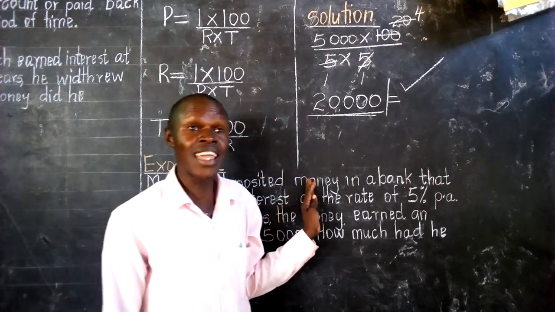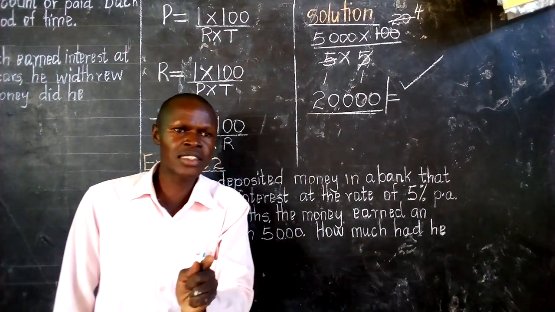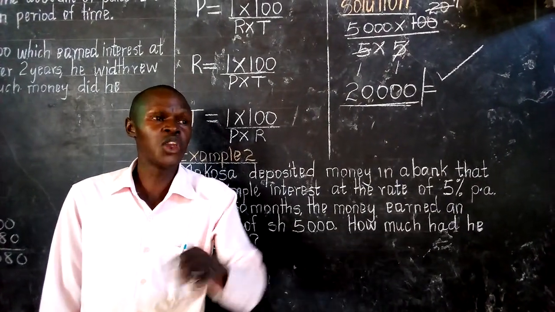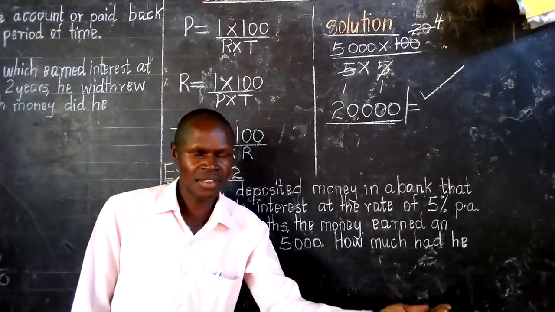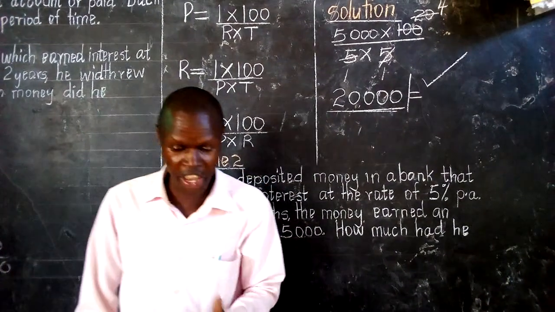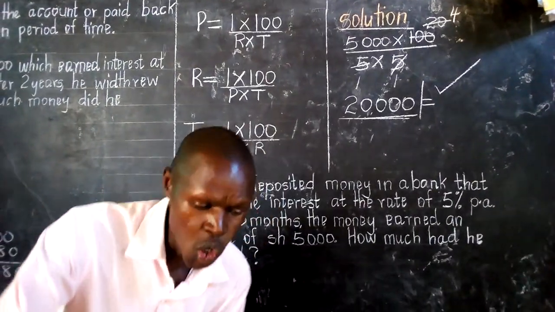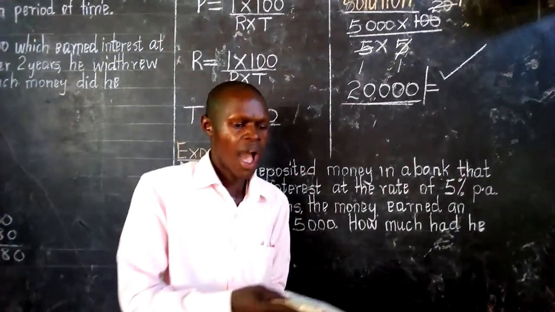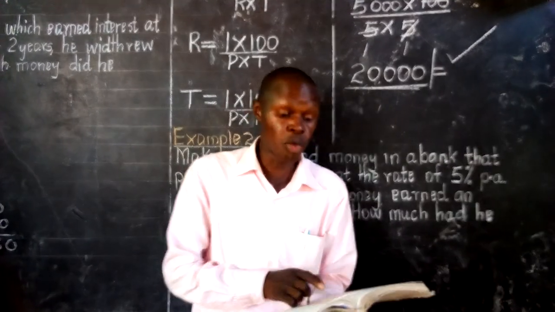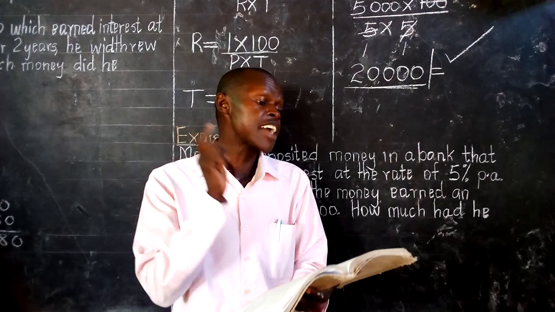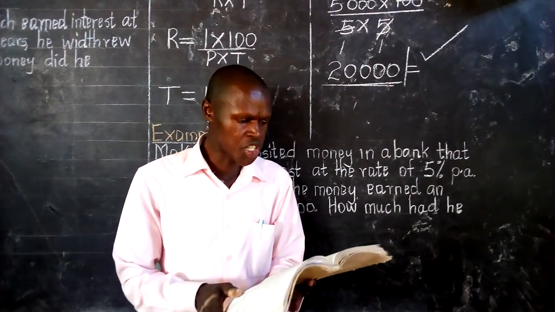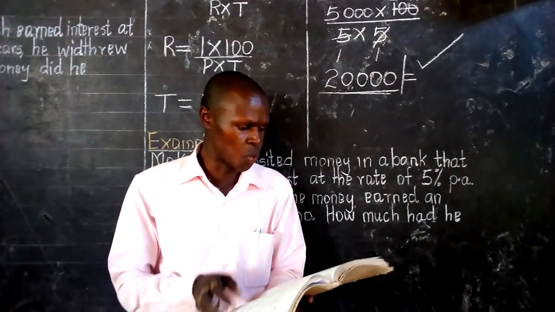As I normally say, mathematics entails practice. By doing practice, you will become perfect. For this case, using the knowledge that we have learned today, I would like you to do some practice. Can you get your primary mathematics book 7, exercise 100? We have some questions from question number 1 up to question number 3.